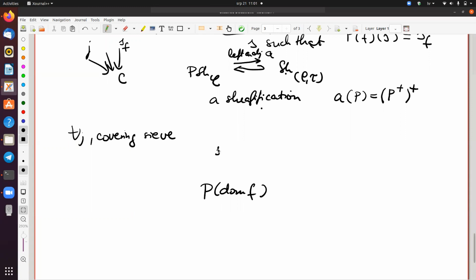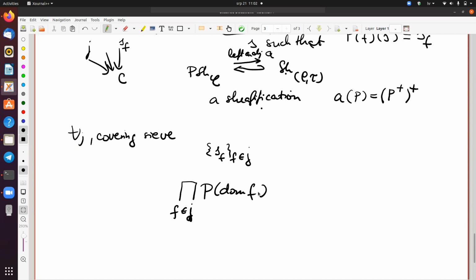Well, it's a family of S_F's, where F is in little j. And it's a matching family if it satisfies some condition. So I will take now P of domain of F, and this family will be in the product of this over all F in J.